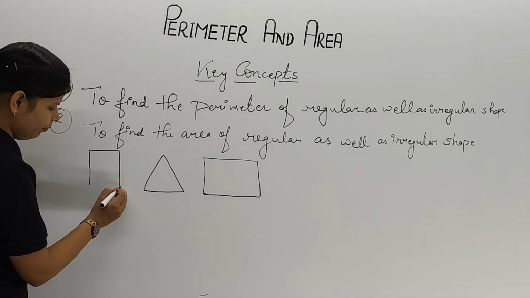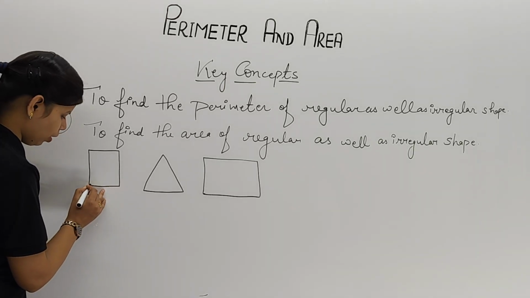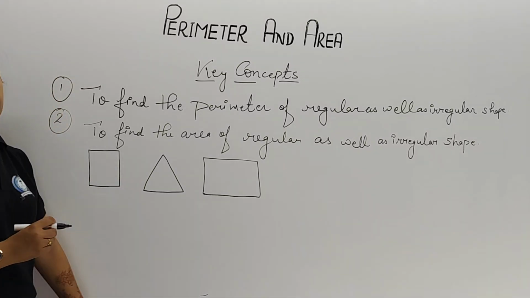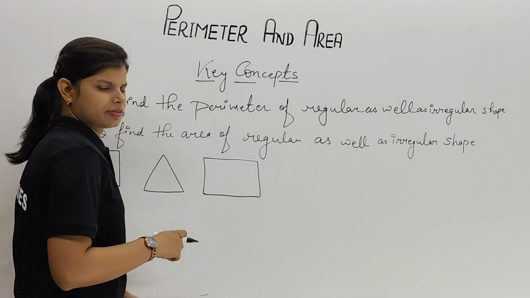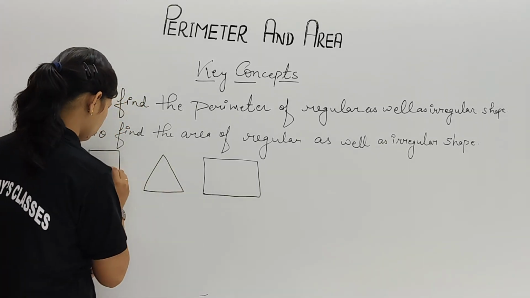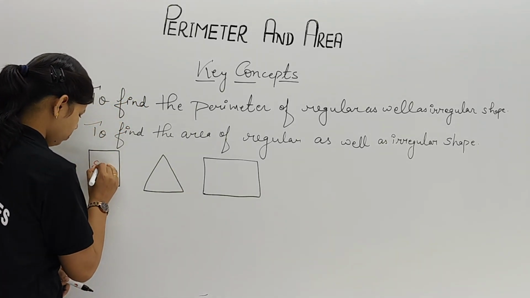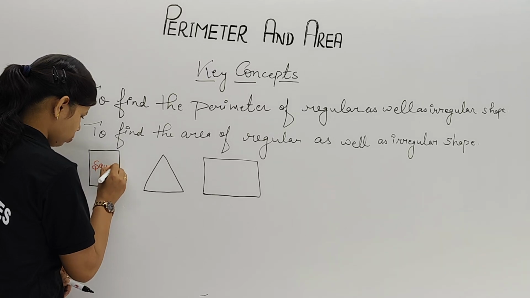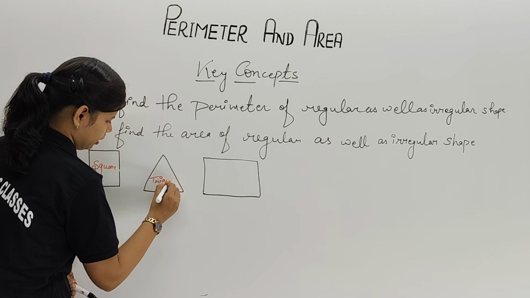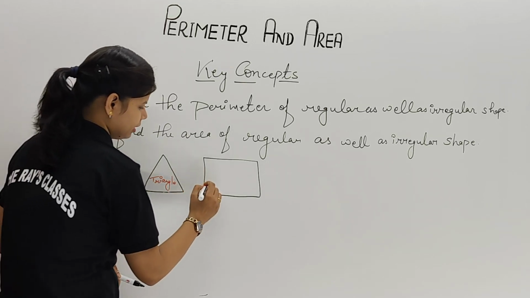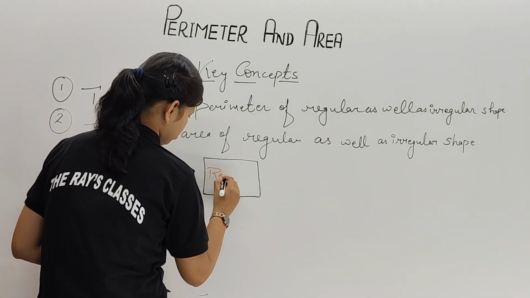Now you can see the difference between these three figures. If these are all polygons, why do we give them different names? Because these polygons have different shapes as well as different names. So this will be your square, this will be your triangle, and this will be your rectangle.